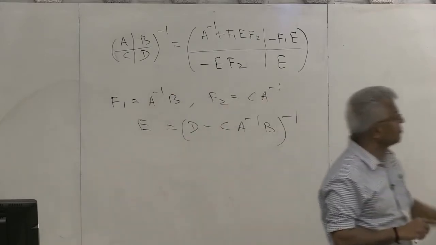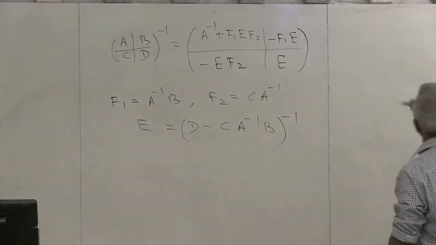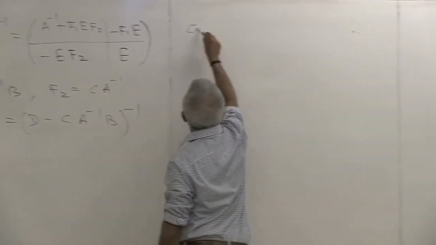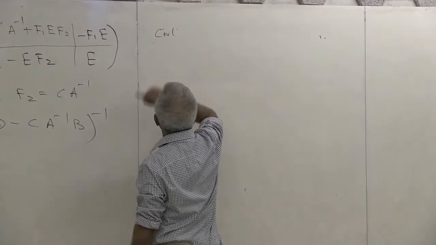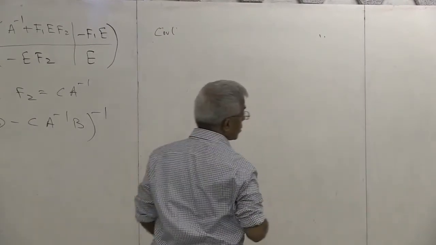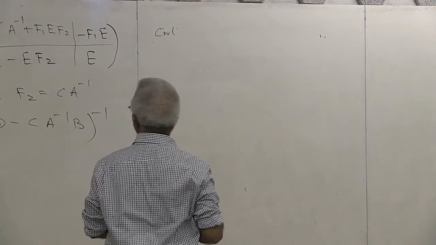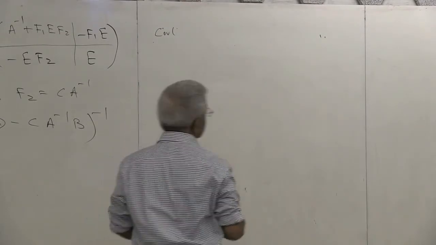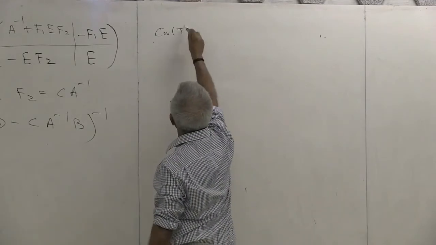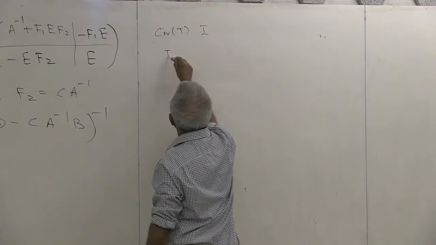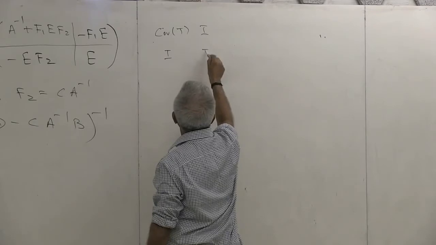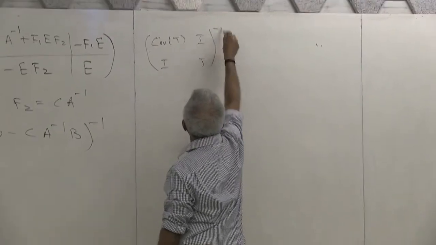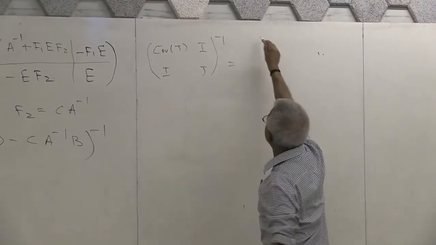So let's use it for our special case. This should work out. So we have the covariance of T, I, J inverse. So this will turn out to be from here.